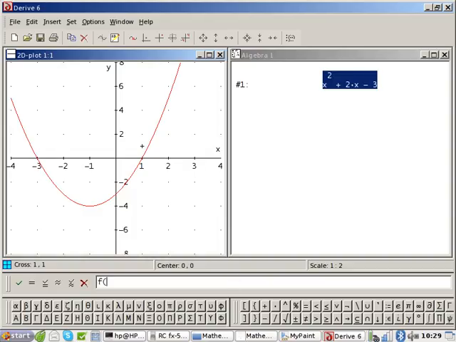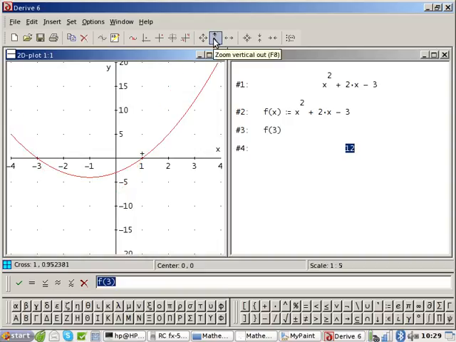So let's just say f of x is this, and let's put in 3. Will I get 0? No. Let's see what I get. I get 12. 3 gives me 12. So I was way off. Wasn't even close to 0.